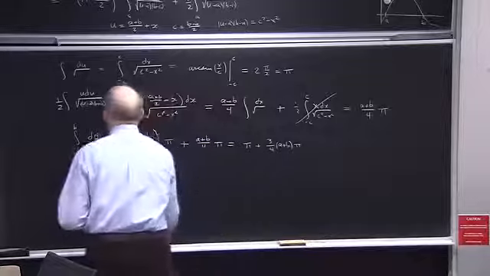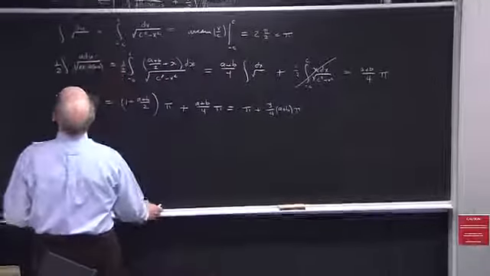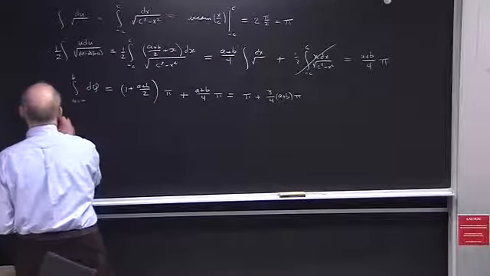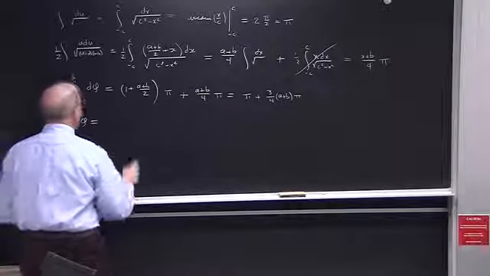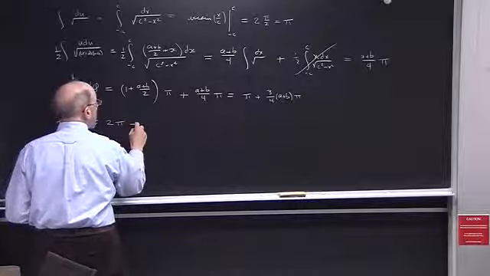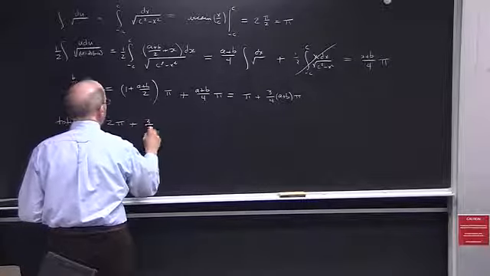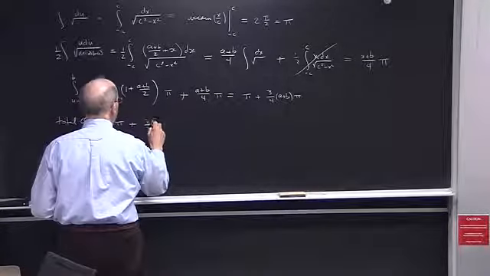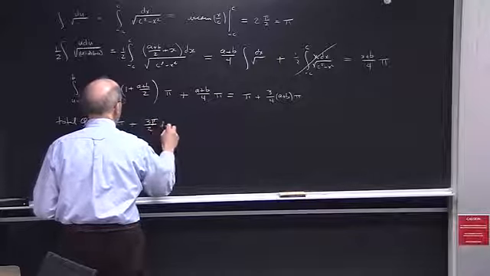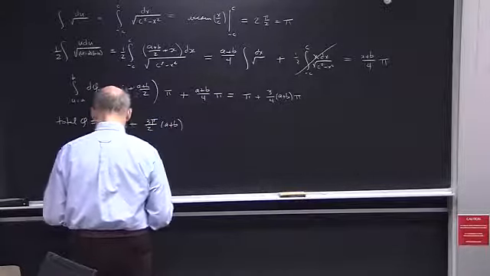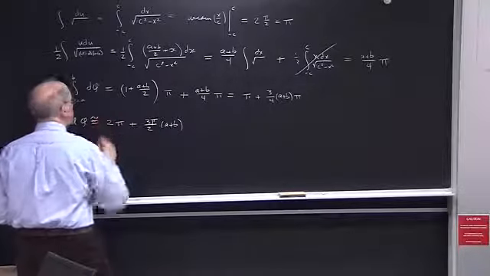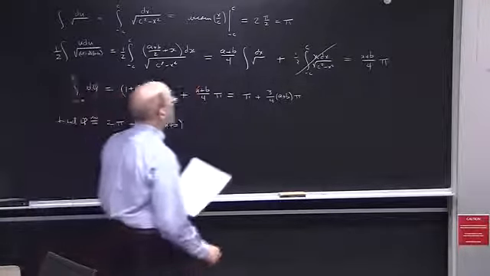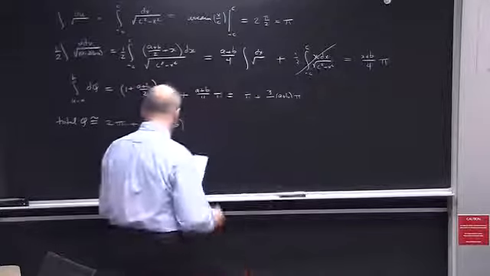Okay. So therefore the total, remember that was half the angle. So the total angle is 2 pi plus 3 pi over 2 times a plus b, which is equal to, well, this was all approximate, neglecting the higher order terms in u.